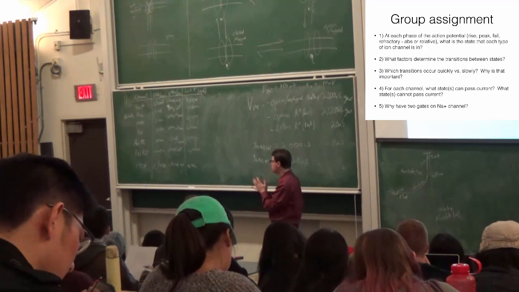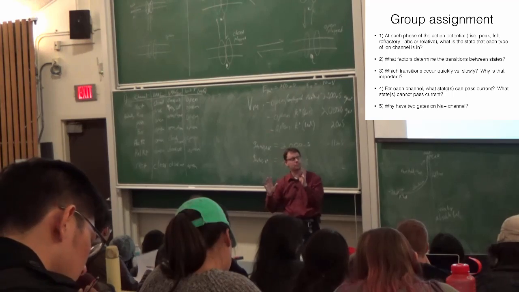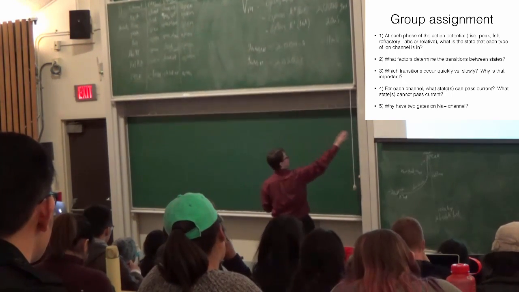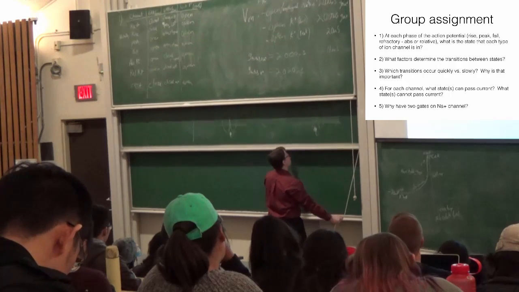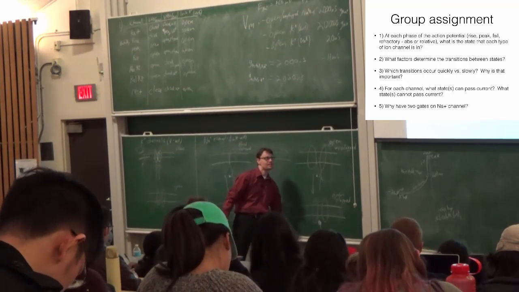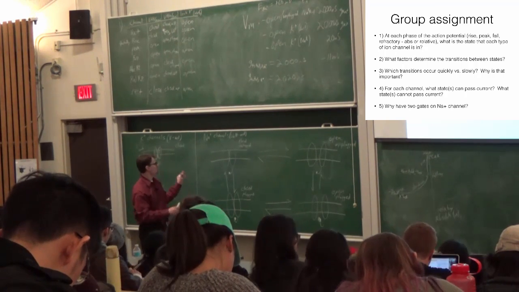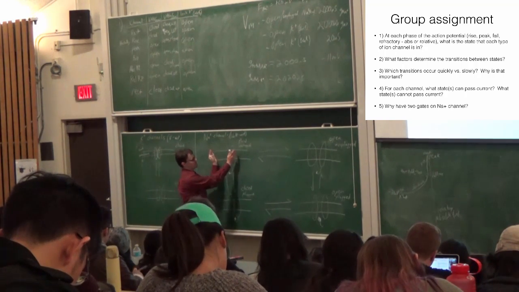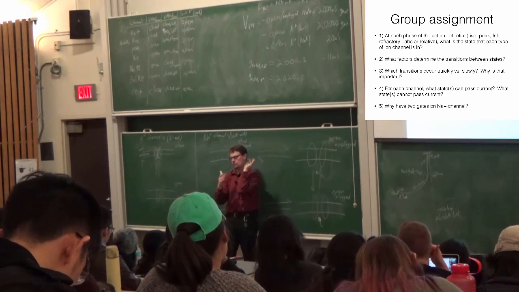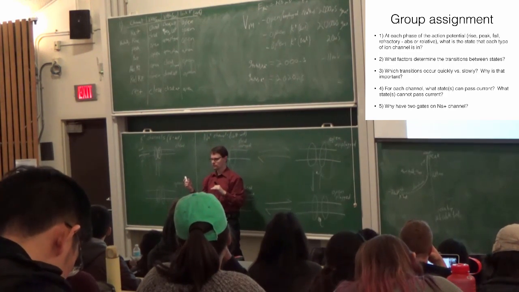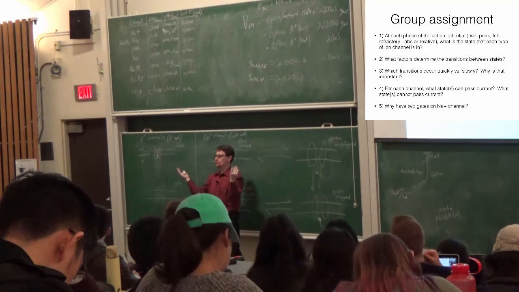Okay, so in the process of working through a lot of that, let me bring this back down here. We've actually started to get hints at some of these other things. So what determines the transition from here to here for our sodium channels? What activates our sodium channels?